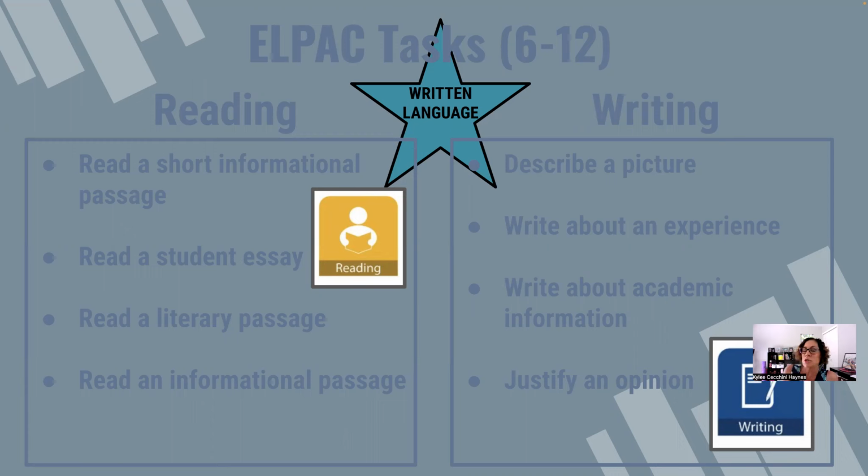And then in the writing section, they do short writing. They see a picture of something and describe what's going on in the picture. They do that in writing. They write about an experience, so there's a prompt that asks them to write about a time when. Then writing about academic information: they read about something academically, then write about it, and then justify an opinion, so you've got a thesis with support.